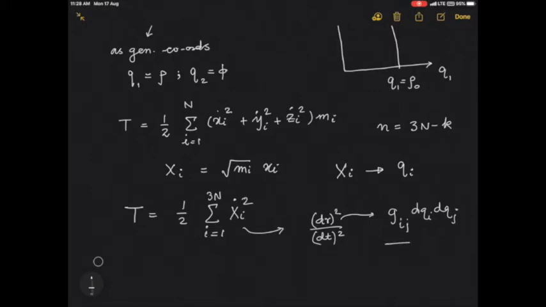If it's a completely free system, with no force acting on it, all its dynamical information is there in the kinetic energy, and here, in the form of the generalized coordinates, we see that it depends on the metric. This is a very special case where I don't have any constraint, but we will see examples later where, if we have constraints, the kinetic energy hides all the information in the metric when written in the generalized coordinates.